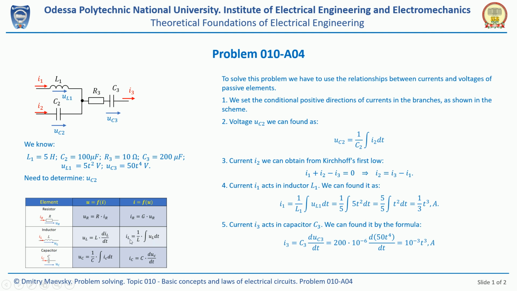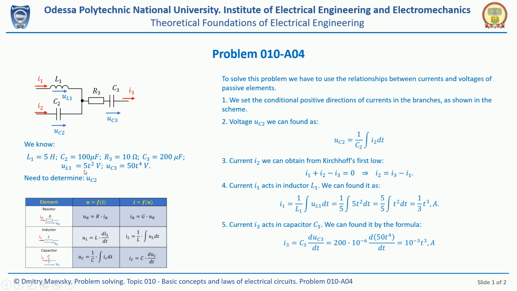Current of inductor is 1 over L, 1 over L1 in our case, times integral UL dt, UL1 dt in our case. Let's substitute the input data of our problem.